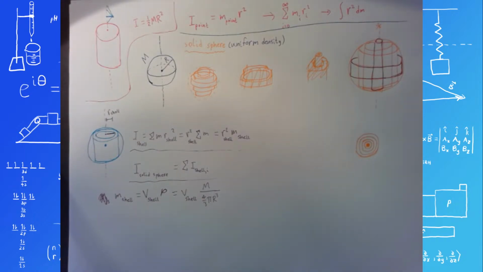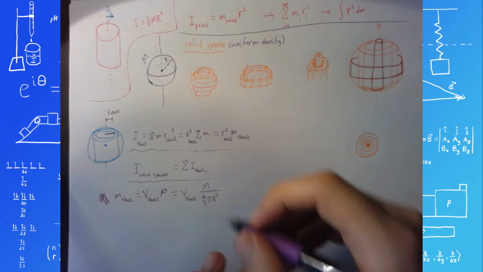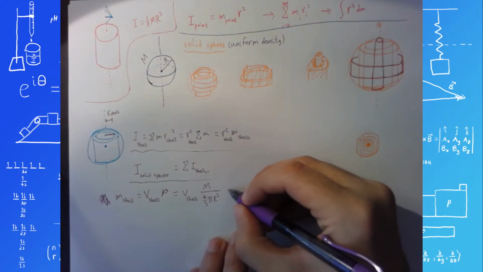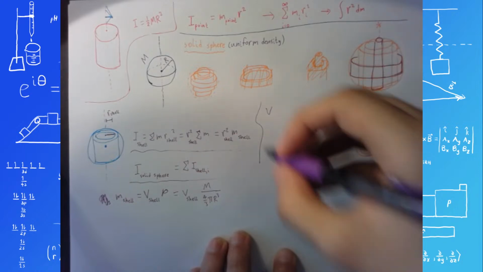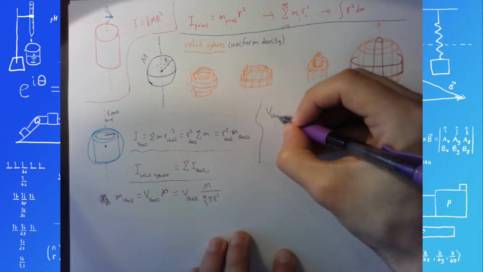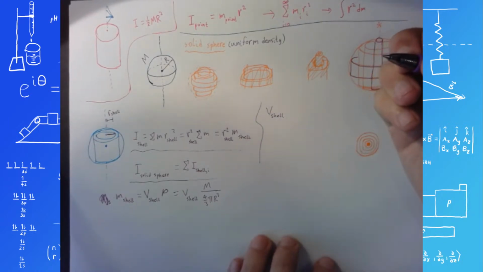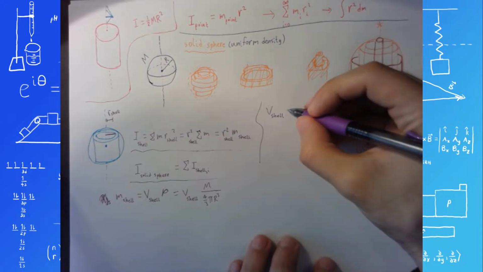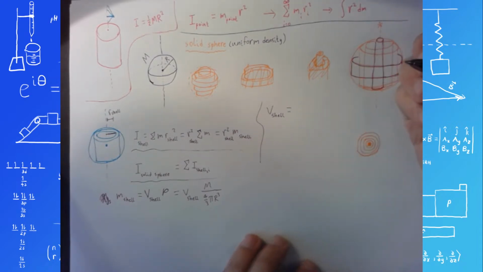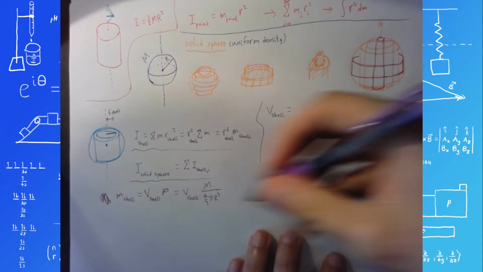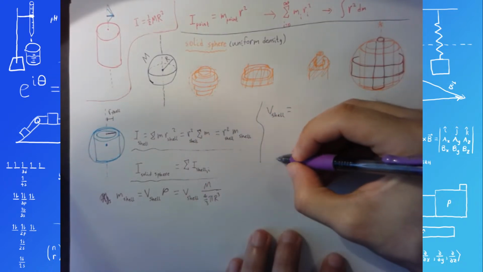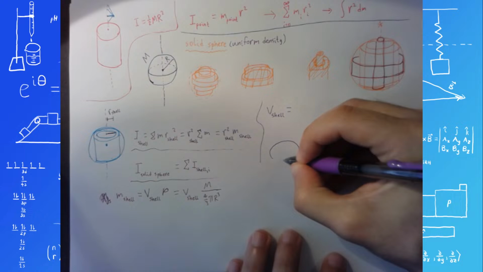Okay, now let's define the volume of a shell. I guess I want to do that over here. Volume of a shell. What is the volume of an individual shell? Well, we talked about that last time. We said, if you take one of these spherical shells and you cut it open, I can redraw the idea.